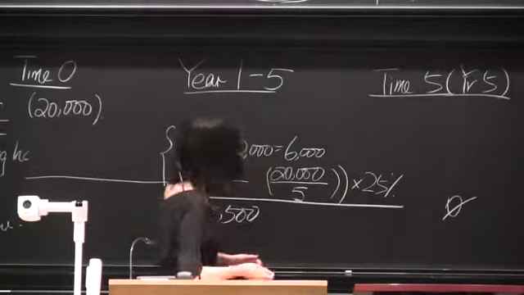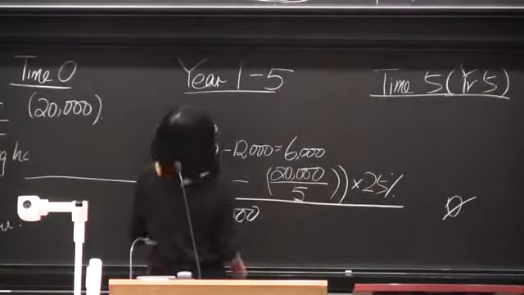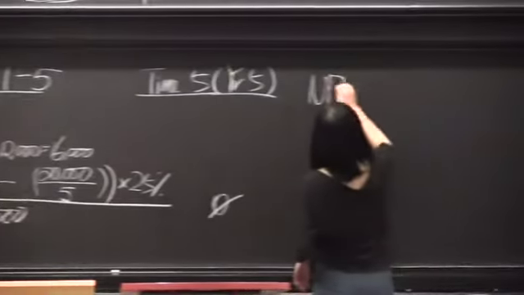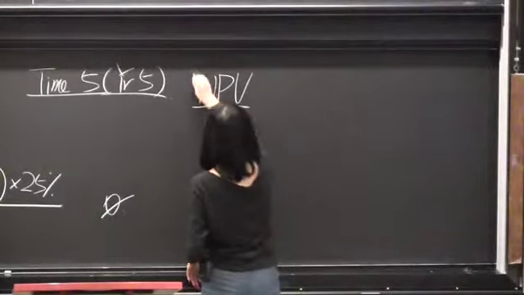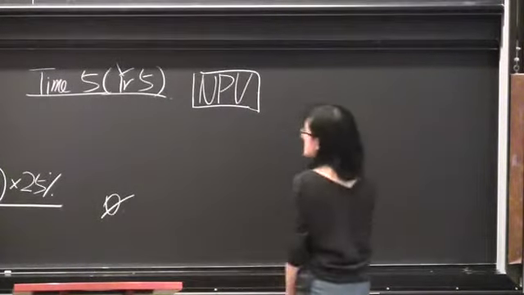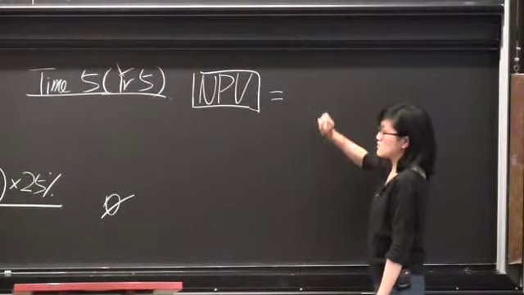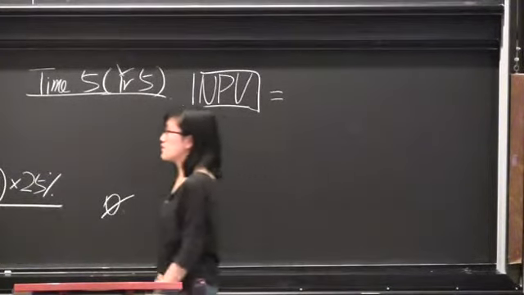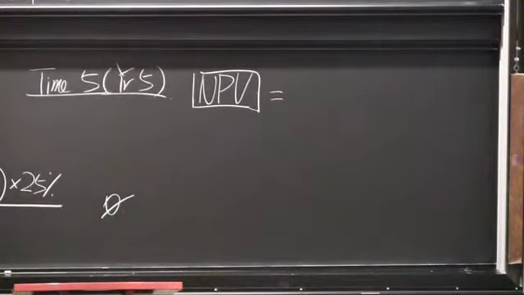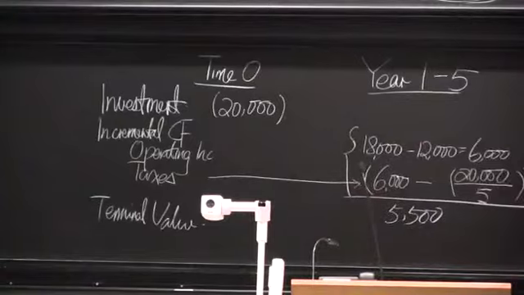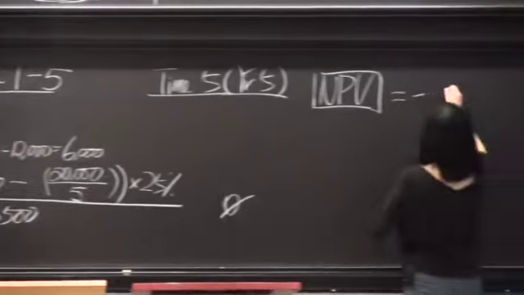So, NPV. Net present value. Second question, find the net present value. So whenever we do NPV, it's always your initial investment, then you add up whatever your incremental cash flow is, and then your terminal value. And usually your initial investment is a negative number.